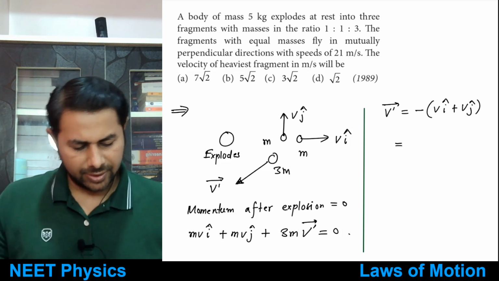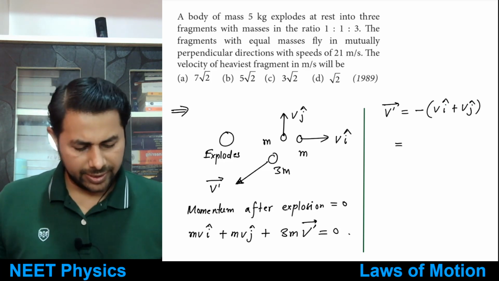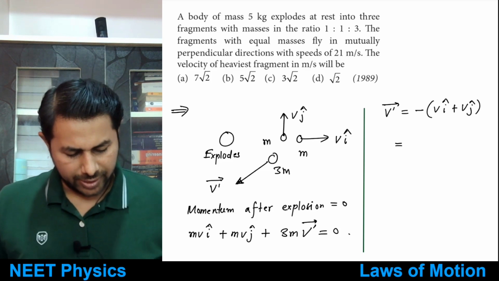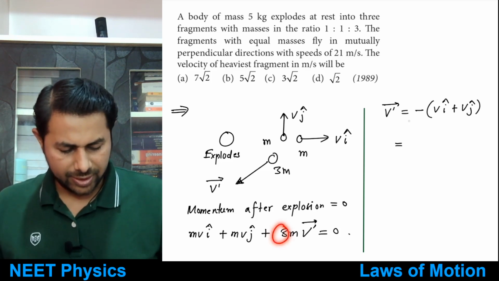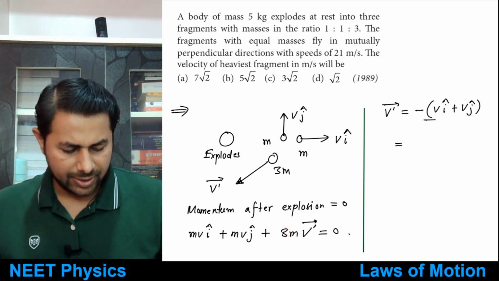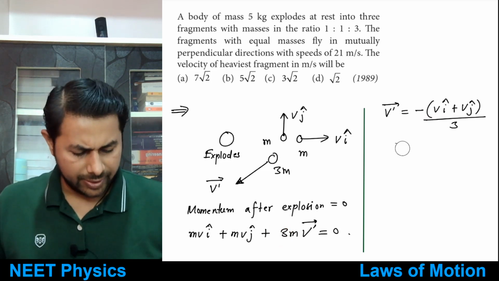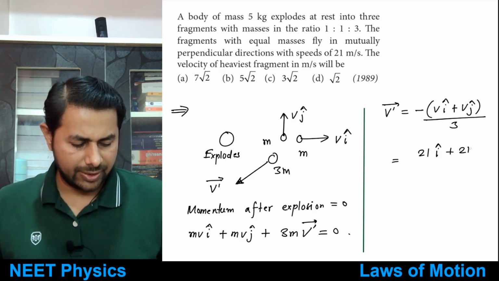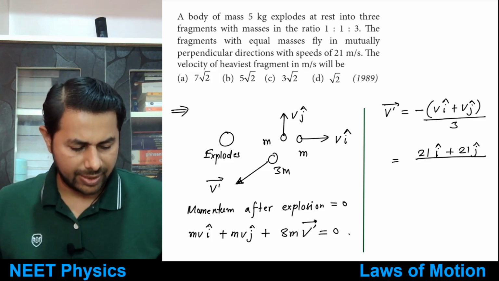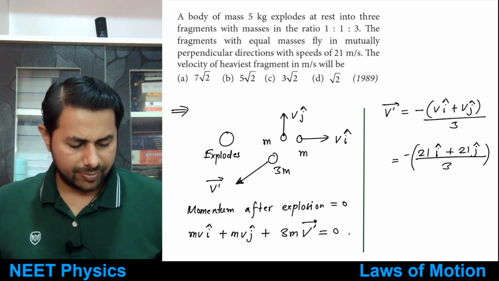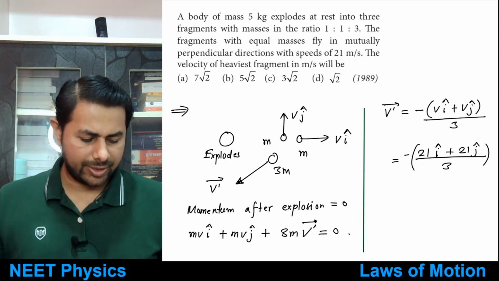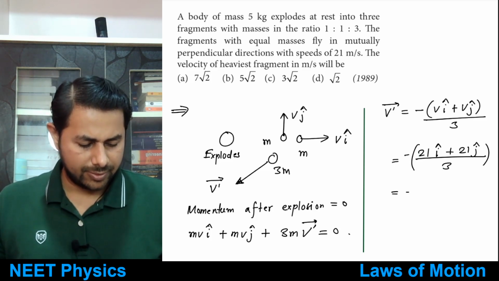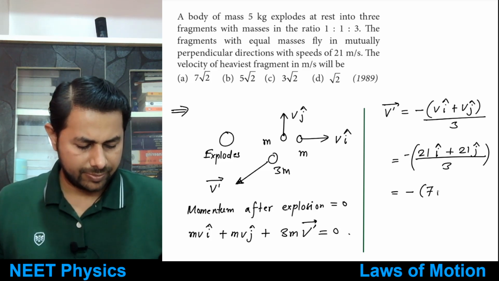That's option A. Let's check. That 3 is also there, so you move it to the other side, it will go in the denominator. So v is 21, so it is equal to 21 i cap plus 21 j cap divided by 3. So that is 7 i cap plus 7 j cap, so minus 7 i cap plus 7 j cap.